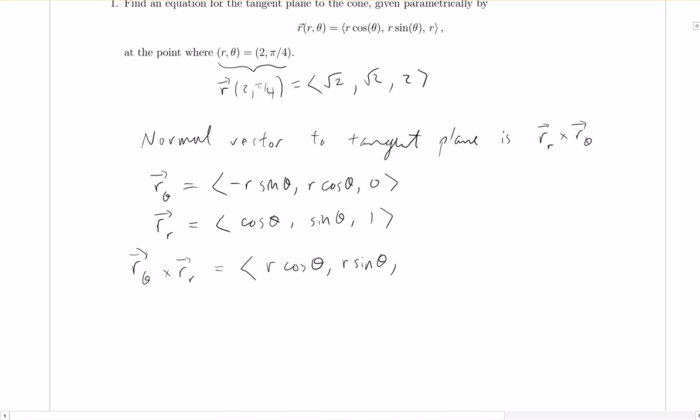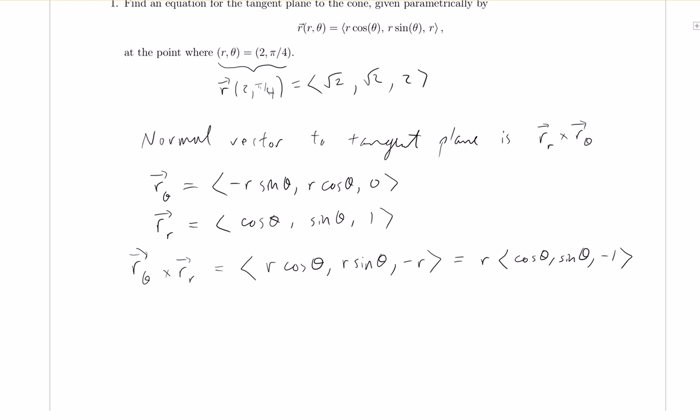And the z component, we get minus r sine squared theta minus r cosine squared theta. So we factor out the minus r, and sine squared plus cosine squared is 1. And here, if we like, we can factor the r out of everything. Okay, so this is going to be the normal vector to our tangent plane.